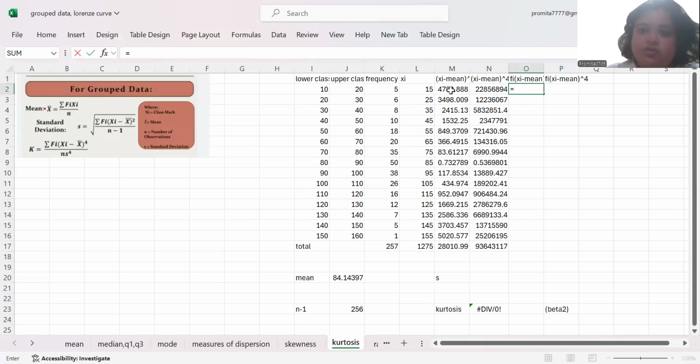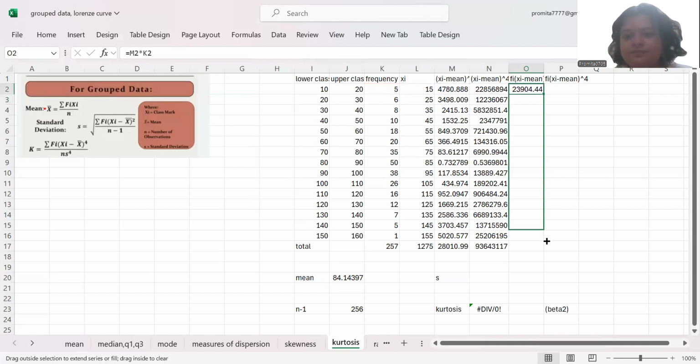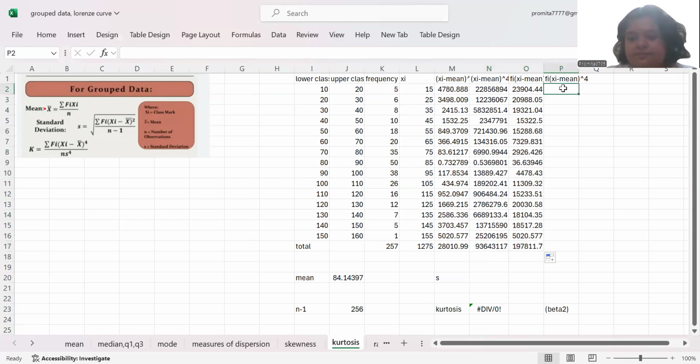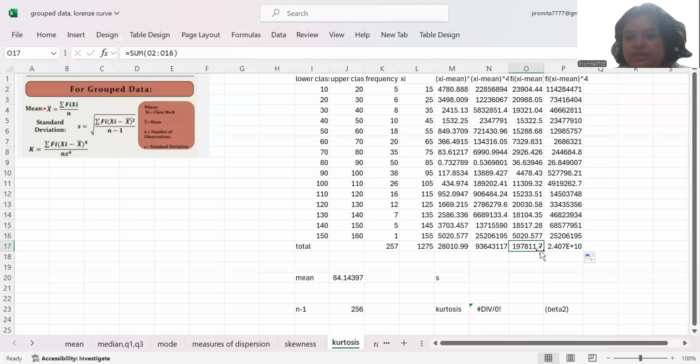So equal to this thing into the corresponding frequency, and again this thing into the corresponding frequency. And then we add the whole thing.